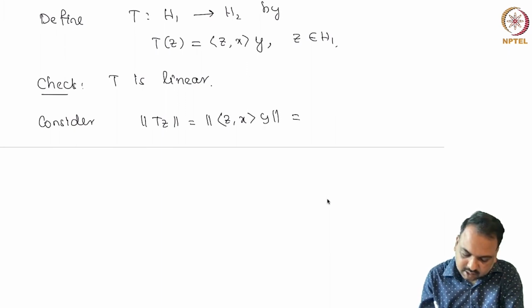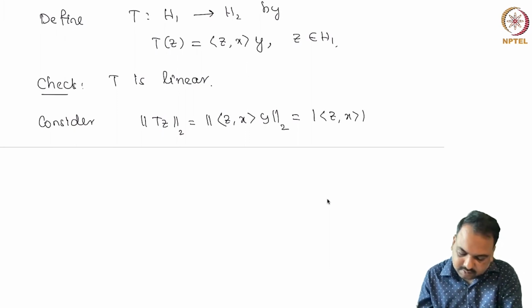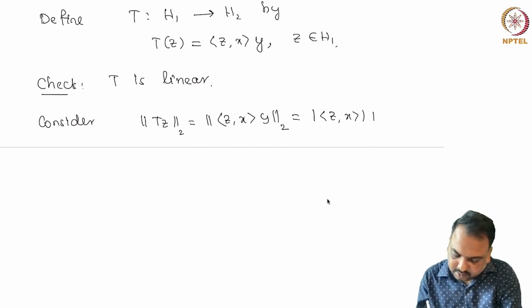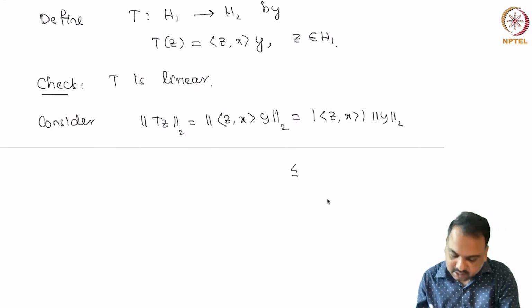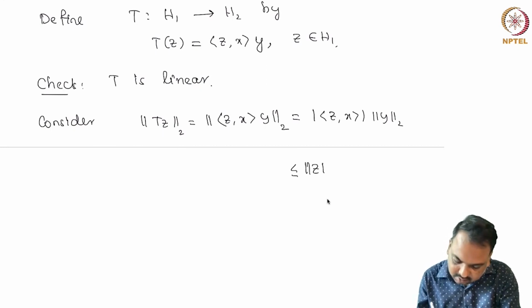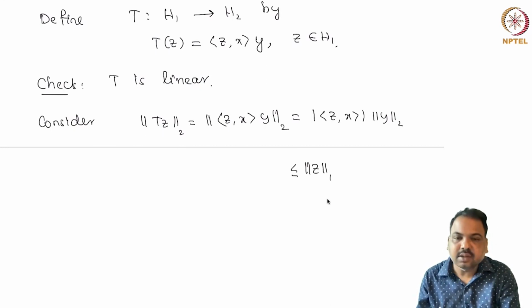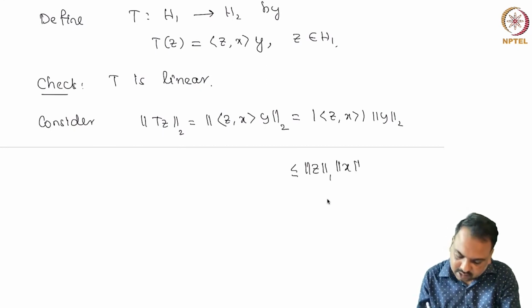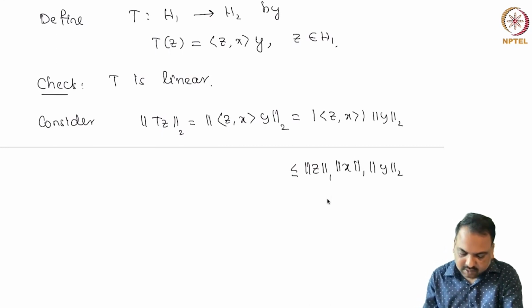This is a scalar, so this is the modulus of inner product of z with x multiplied by the norm of y. By the Cauchy-Schwarz inequality, this is at most the norm of z in H1 times the norm of x multiplied by the norm of y in H2.